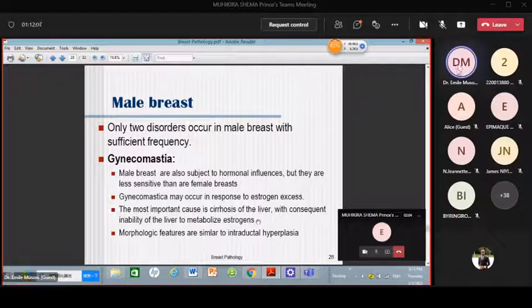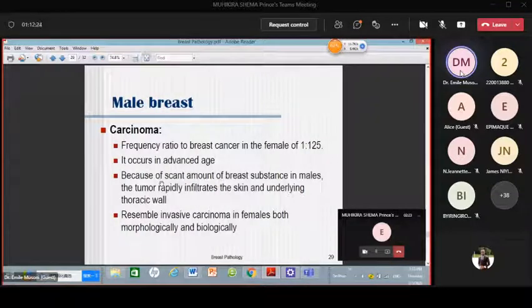Morphological features are similar to intraductal hyperplasia. So don't be surprised when you see there is a breast cancer in a male. It is possible. But females are at higher risk than males for having breast carcinoma.